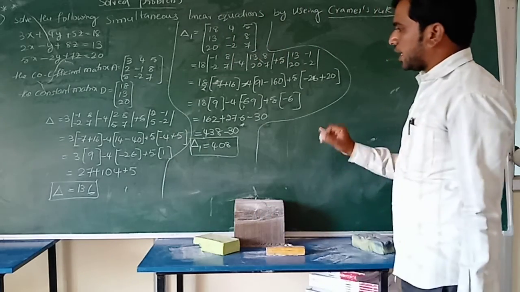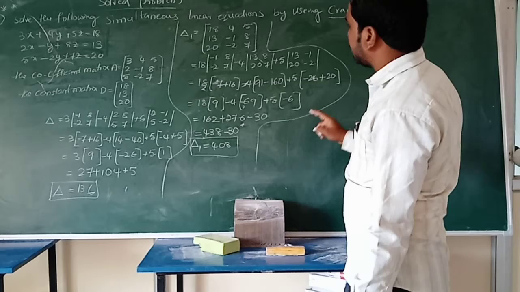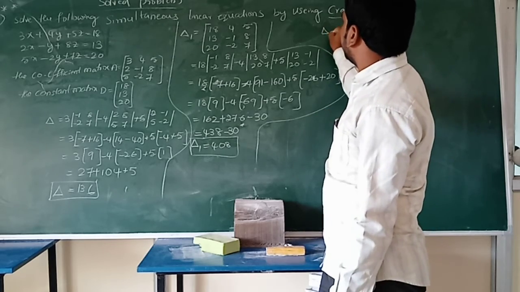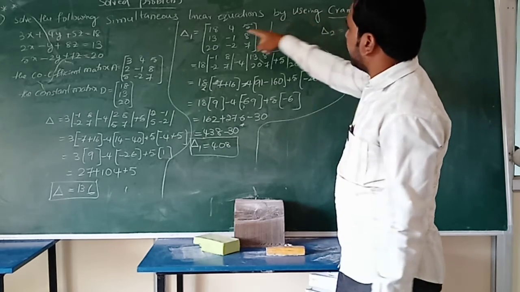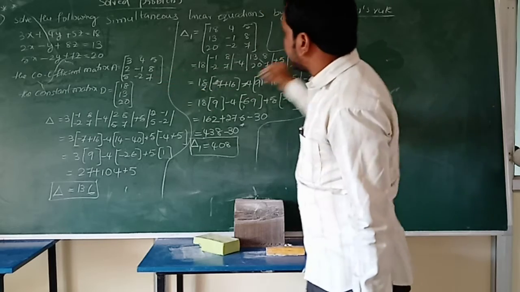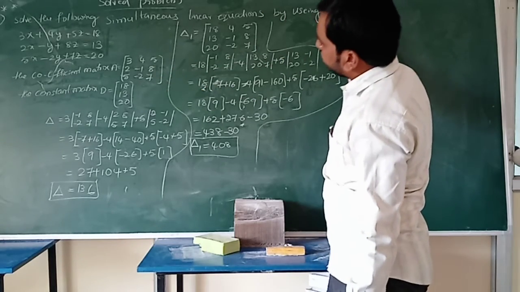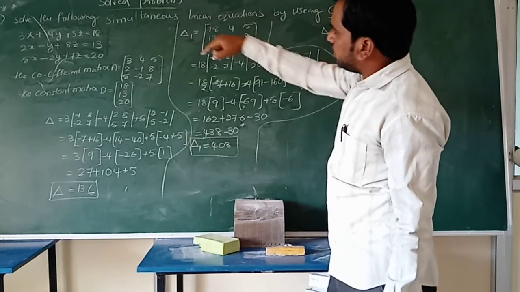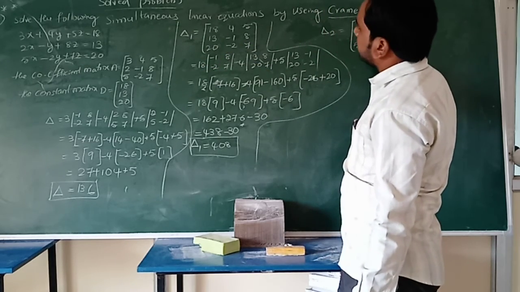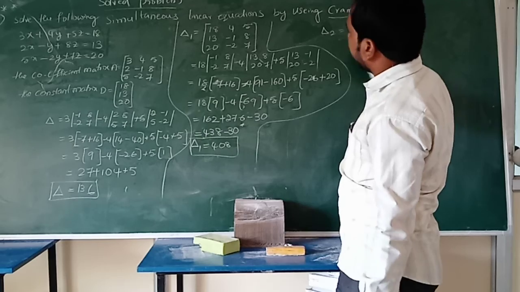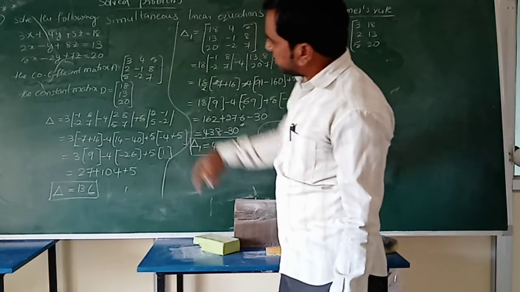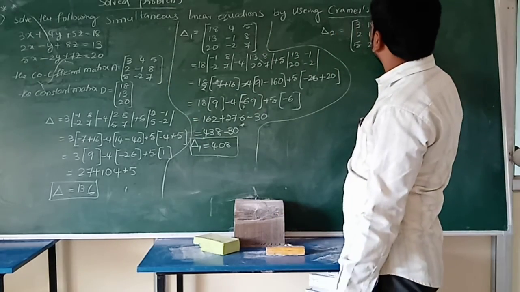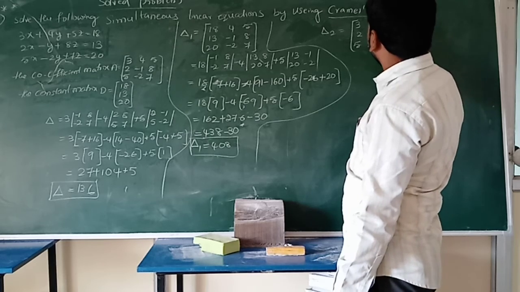Now next one, find delta 2 and delta 3. That is delta 2 is equal to, now the coefficient matrix is 3, 2 and 5. Now replacing second column with 18, 13, 20. Now column 3 as it is, 5, 7, 8, 7.